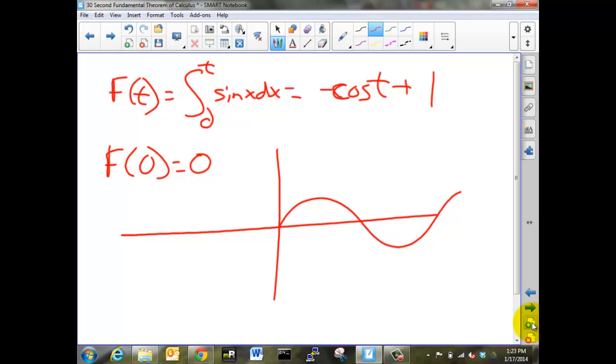What does integrating mean graphically? Area. So that's saying that the area from 0 to 0 is 0. Does that make sense? If I start at 0 and don't move, how much area did I cover? Absolutely none.